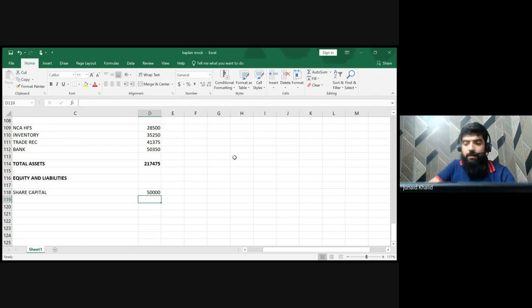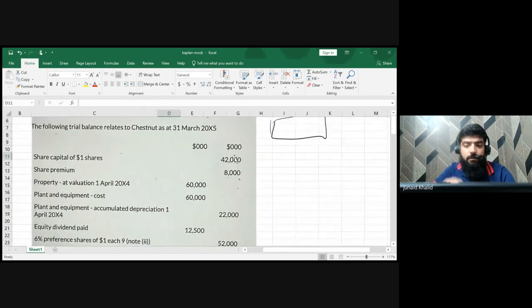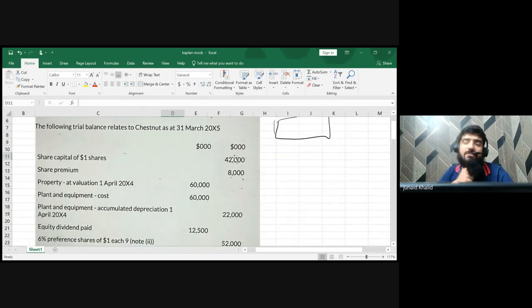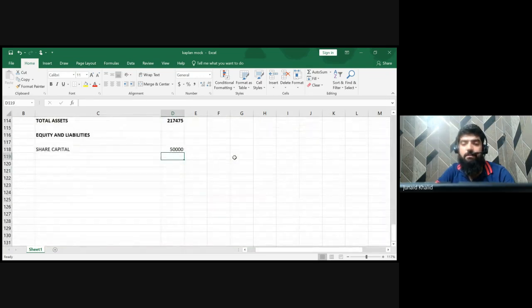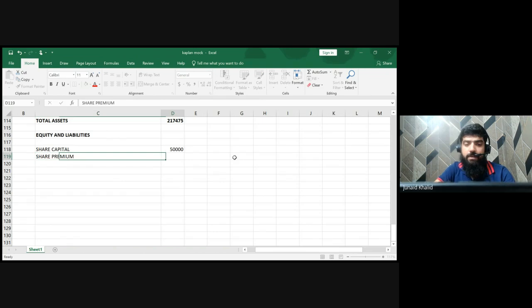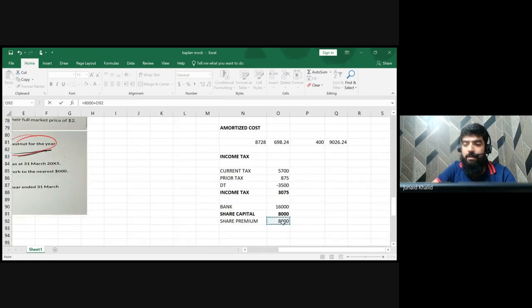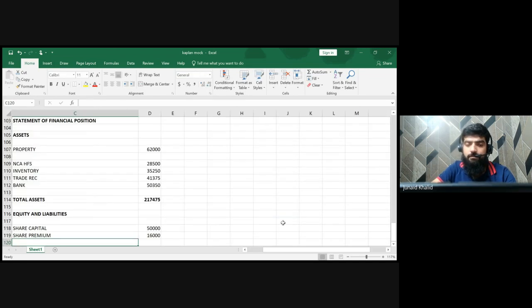And then we have another equity component, that is the share premium. The amount of share premium given over here is 8,000. Is there any adjustment required? Yes, we calculated 8,000 as a share premium. So we are going to link that one, that is 8,000 plus 8,000.